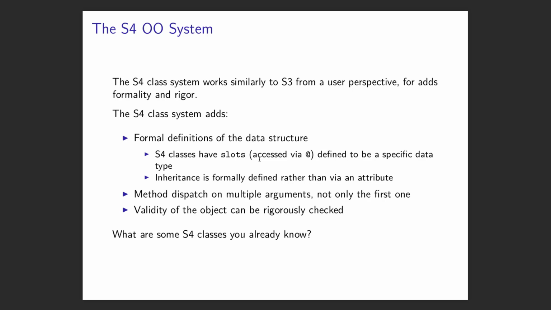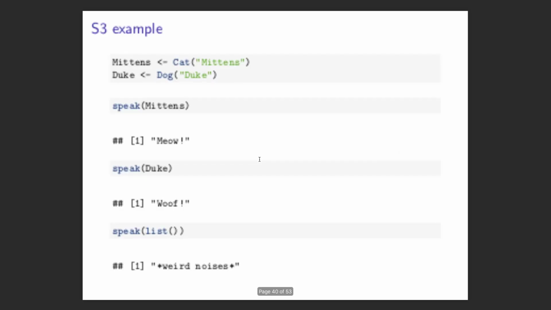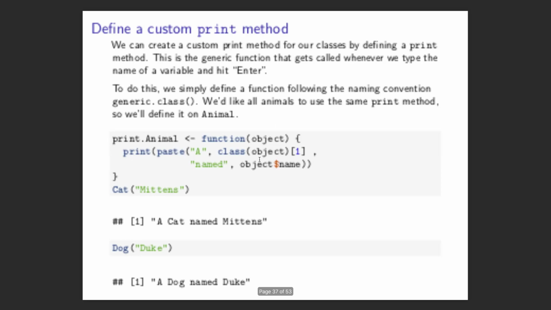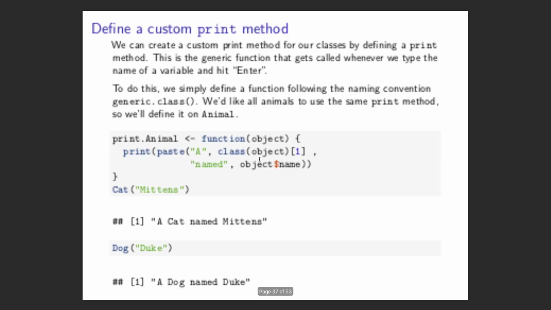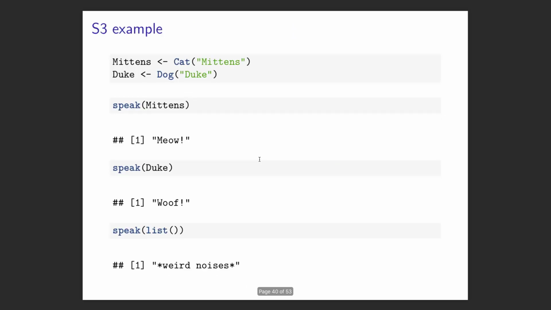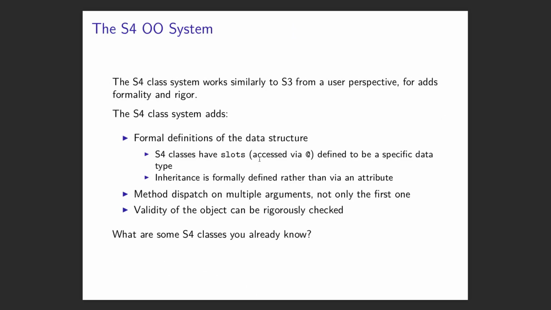The inheritance used by S4 classes is more formally defined rather than just an attribute. When we did inheritance with S3, all that was just additional elements in this class character vector attribute. With S4, since we have formal class definitions, inheritance is also formally defined. Method dispatch can happen on multiple arguments, so we can specialize a method for more than just the first argument.